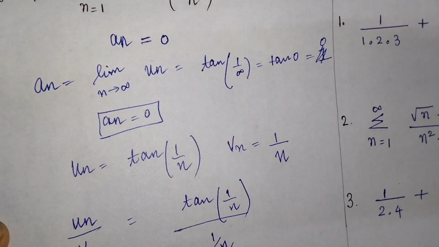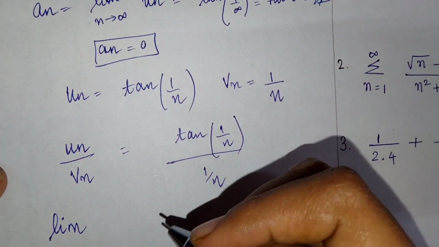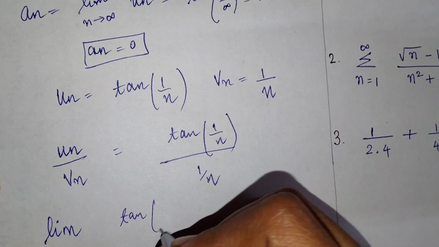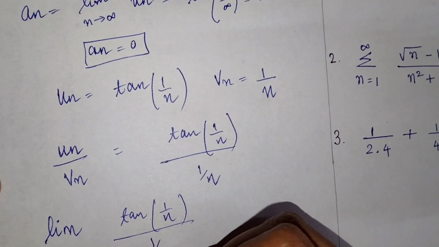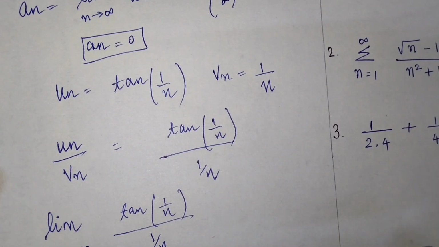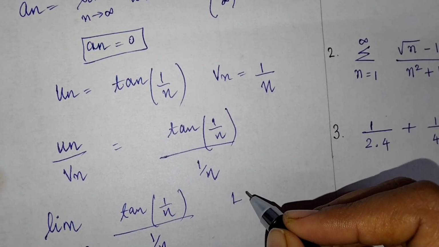If we put the limit n tends to infinity here, then we will get a 0 by 0 form. So directly we can use L'Hospital's rule.